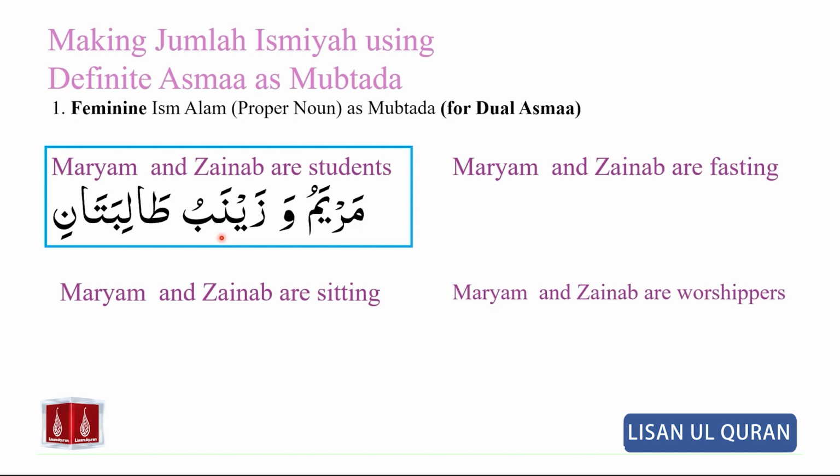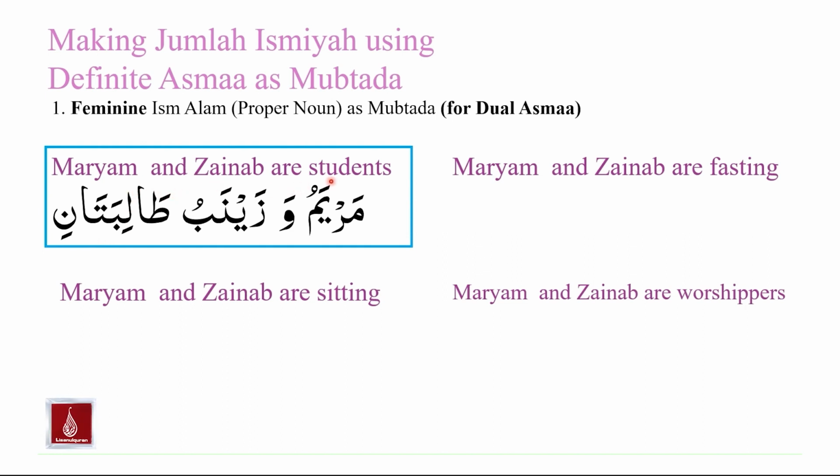Zainabu is in Rafa status. Talibatani, again we focus on the ani ending sound, and ani ending sound is number one used for dual ism, and secondly it is used for indicating Rafa status. So the translation of Maryam and Zainab are students is Maryamu wa Zainabu talibatani.